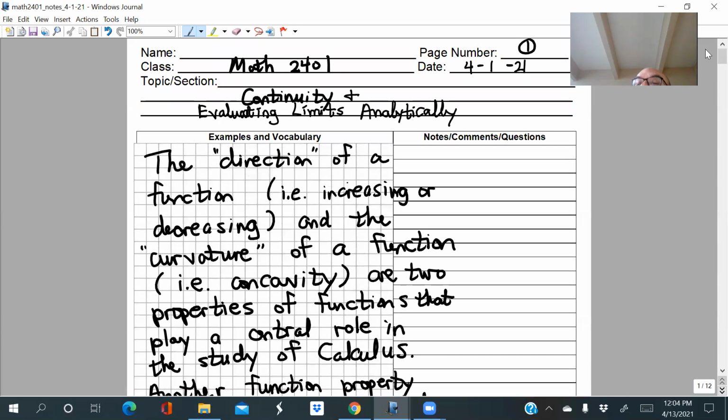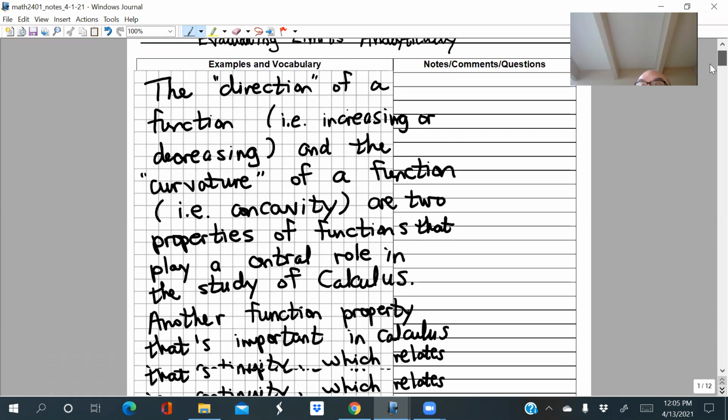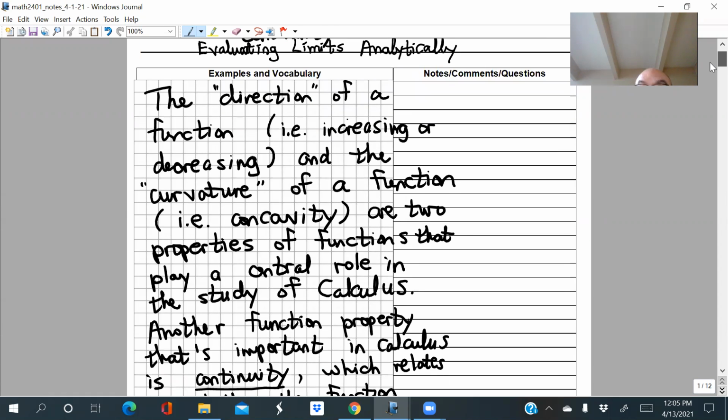So remember, we said sometimes evaluating limits can be tricky because you cannot just substitute the limit value into the expression to determine what the limit actually is. Sometimes when you substitute the limit value into the expression, you end up dividing by 0 or some situation like that, and that makes it complicated to figure out what the limit actually is. But it turns out we get a lucky break.